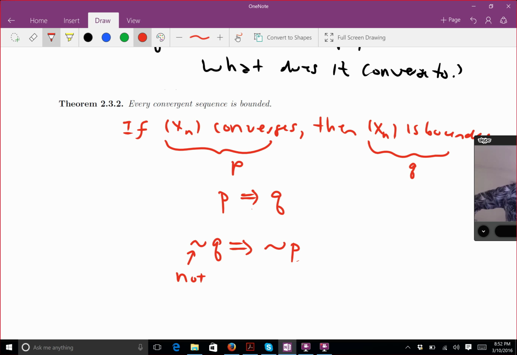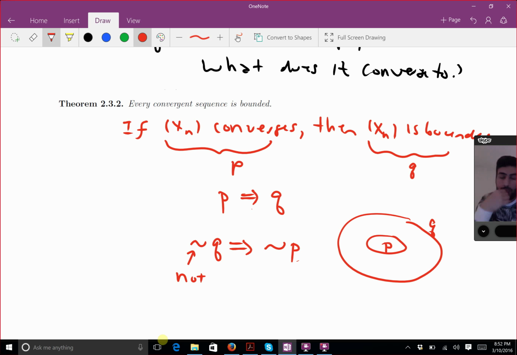Here's why this is true. I want to show you real quick because this is actually important. P implies Q means that P sits inside of Q. So the set of all convergent sequences lies inside the set of all bounded sequences.